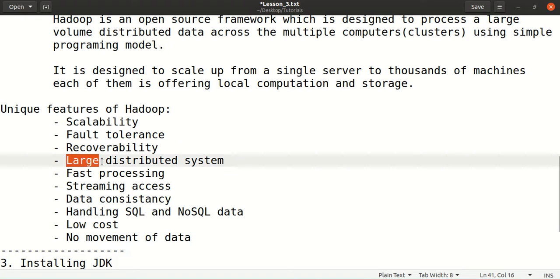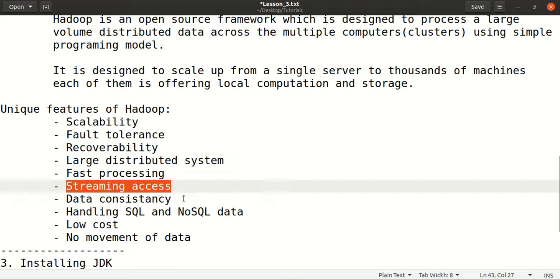And here we have a large distributed file system. Hadoop supports a large distributed system. It means the data may be in the range of terabytes, exabytes, and even zettabytes. It is a fast processing environment, and also it has streaming access.